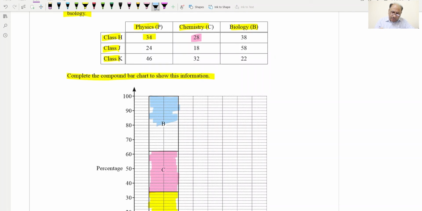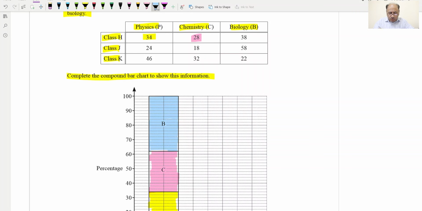They have represented this as a compound bar chart, placing one bar above the other.